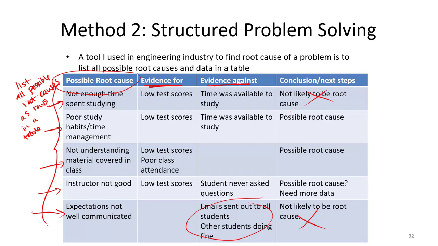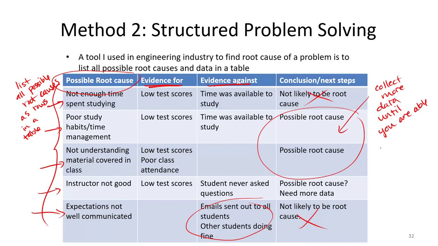Maybe there's a lot of evidence against this other one. And once you've identified some possible root causes, you can collect more data until you are able to confirm the root cause.